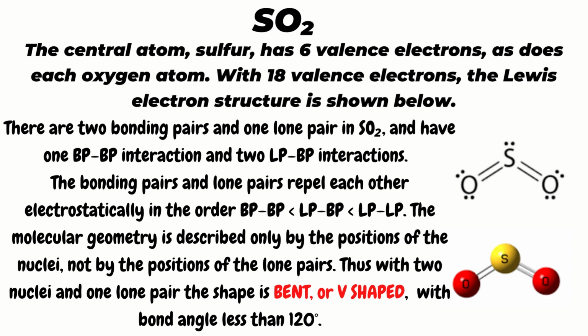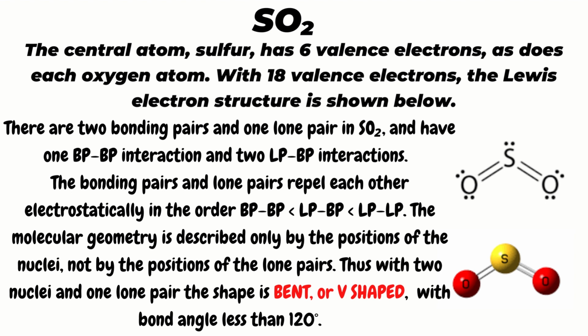Another example is sulfur dioxide SO2. The central atom sulfur has 6 valence electrons, as does each oxygen atom. With 18 valence electrons, the Lewis electron structure is shown below. There are 2 bonding pairs and 1 lone pair in SO2 and have 1 bond pair interaction and 2 lone pair interactions.